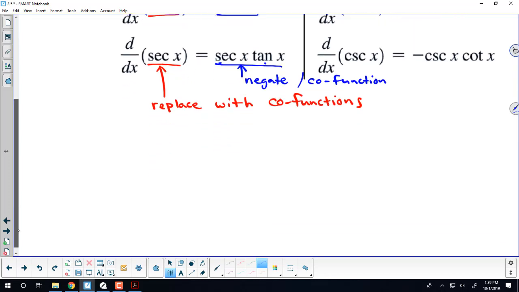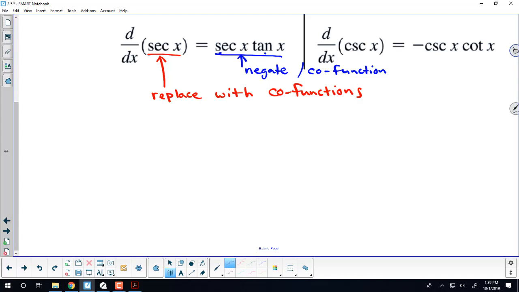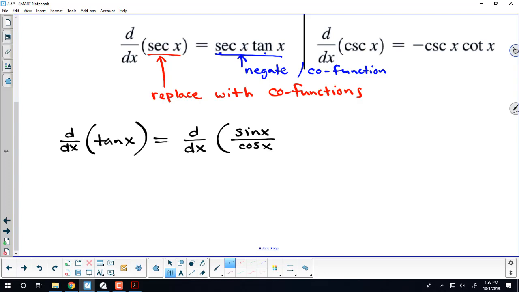Because once we have the derivative of sine and cosine, if I ask what's the derivative of tangent, then of course I could go through the lengthy limit process, h approaches 0, et cetera, or I can say, well, since I have the identity that tangent is sine over cosine, and I have a quotient rule, then I can just find the derivative of tangent by expressing it in terms of sines and cosines, and then using the quotient rule.